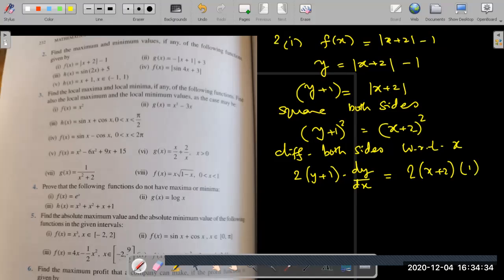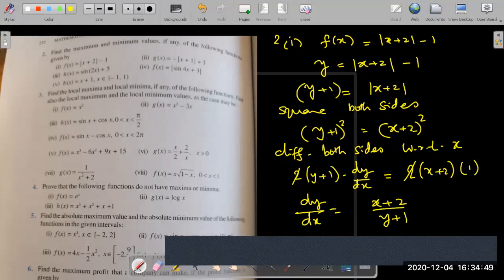The 2 gets cancelled. So you'll have dy by dx equal to x plus 2 divided by y plus 1. Now we have to talk about what is the maximum or minimum value for this.